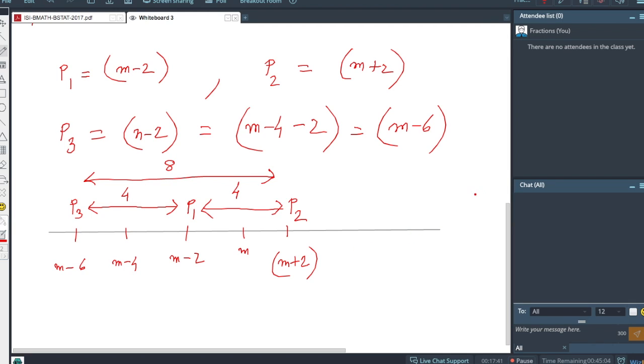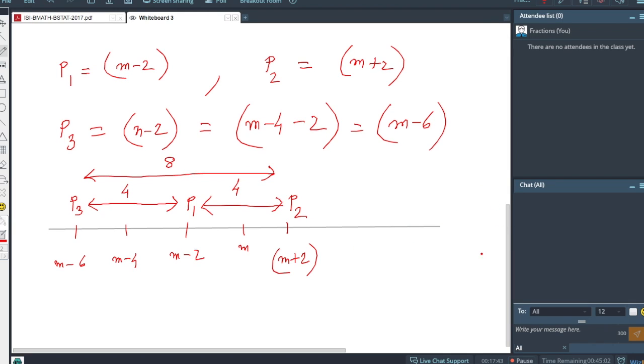So now we know that all primes greater than or equal to 5 are of the form 6k plus or minus 1. All prime numbers are of the form 6k plus or minus 1.